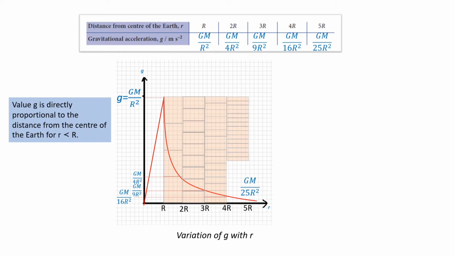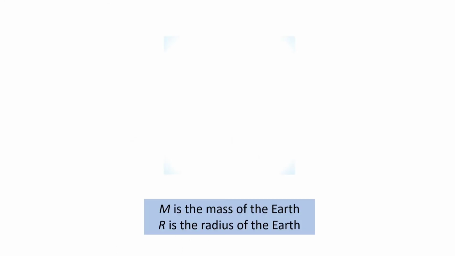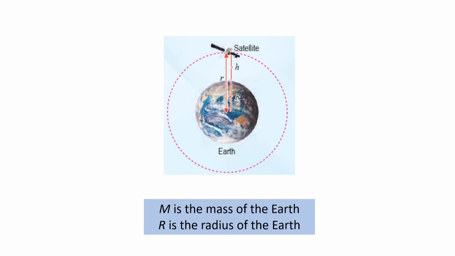Let's say we have 25 boxes. The value of gravitational acceleration is just 1 over 25 of the boxes. So we see that the gravitational acceleration reduces as the distance increases. Now let's look at a few examples of daily situations.